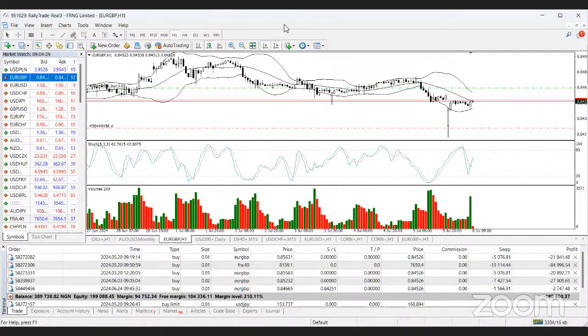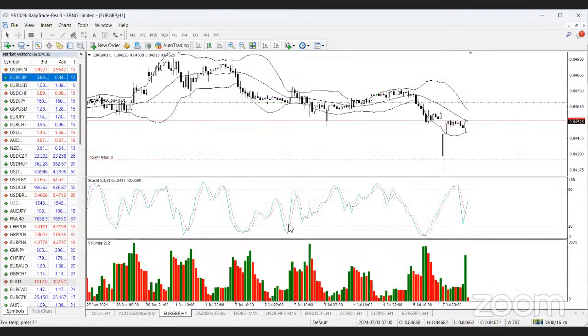But based on what we are seeing now, I was actually practicing with this indicator over the weekend, I think Saturday and Sunday. This indicator you see below, this volume. I was trying to look at why and how it works. It's a way for me to check what's going on. As far as the volume of trade is concerned, I can see the volume, that's this green bar that you see now.